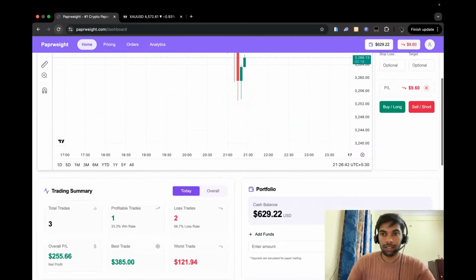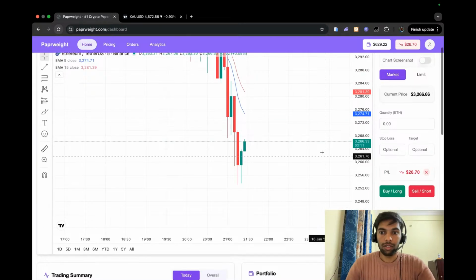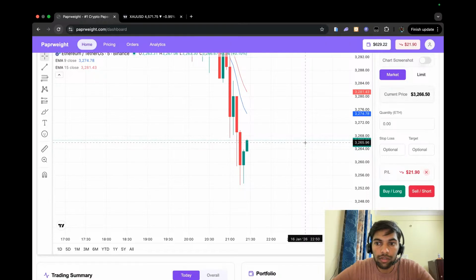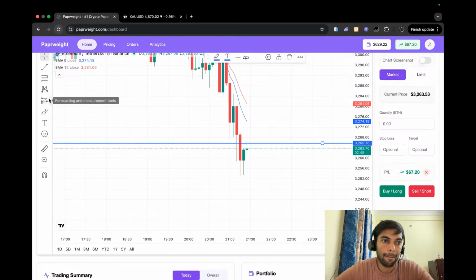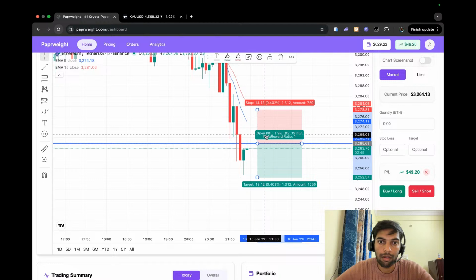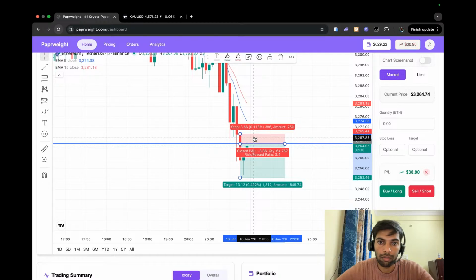What is the entry point, guys? 3265. Stop loss would be at this point. $120 stop loss. Target would be at this point.